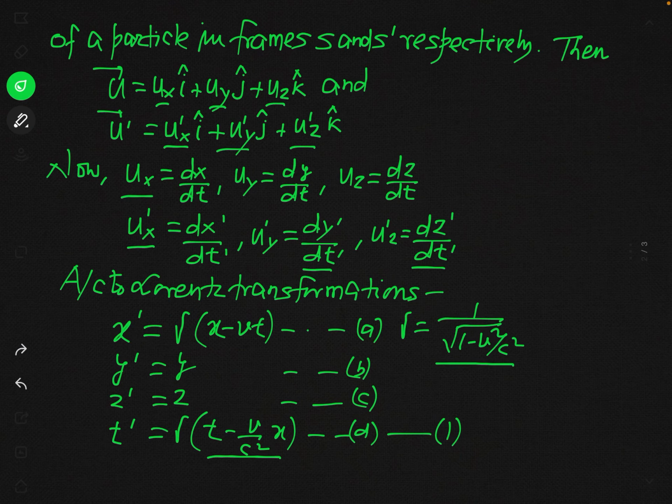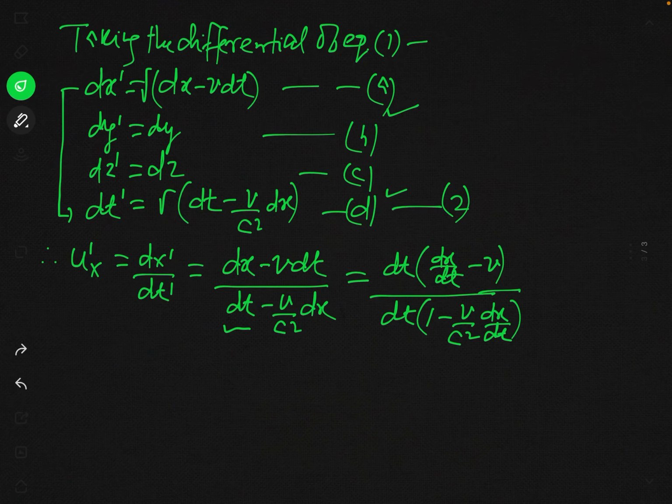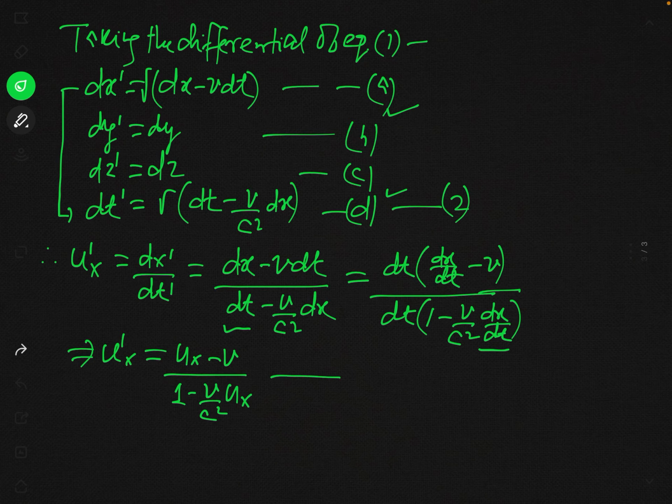So we can write that u prime x, the x component of velocity of the particle in the moving inertial frame S prime, will be ux minus v over 1 minus v over c square into ux. This is equation, let us say, 3a.